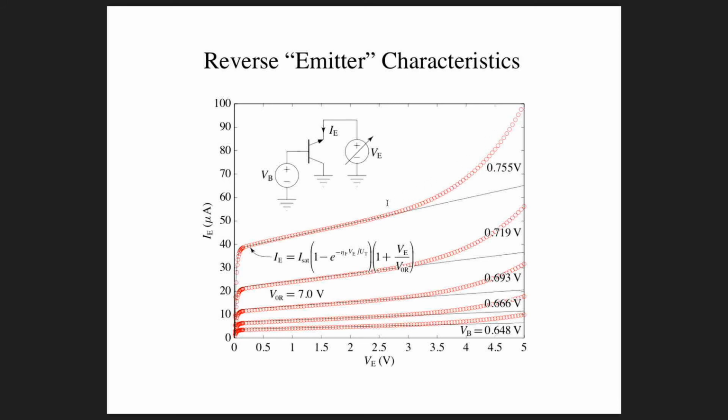And it turns out that this factor of e to the VCE over VA, as we are calling it in the slides, is actually a better way of capturing what's going on here qualitatively with these expansive nonlinear characteristics than the factor 1 plus VCE over VA.